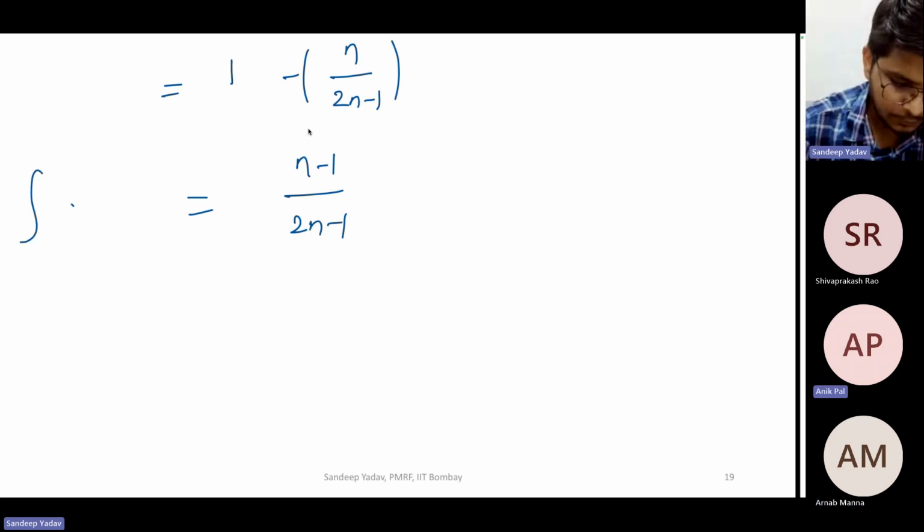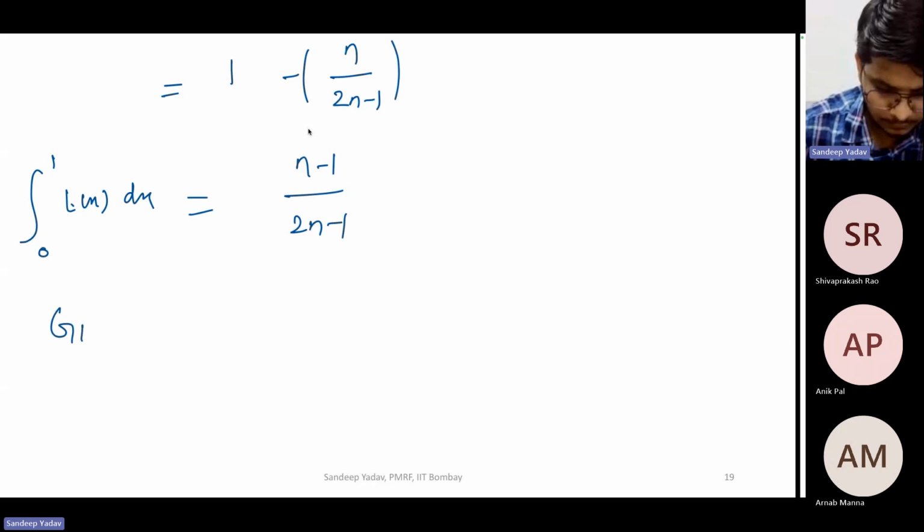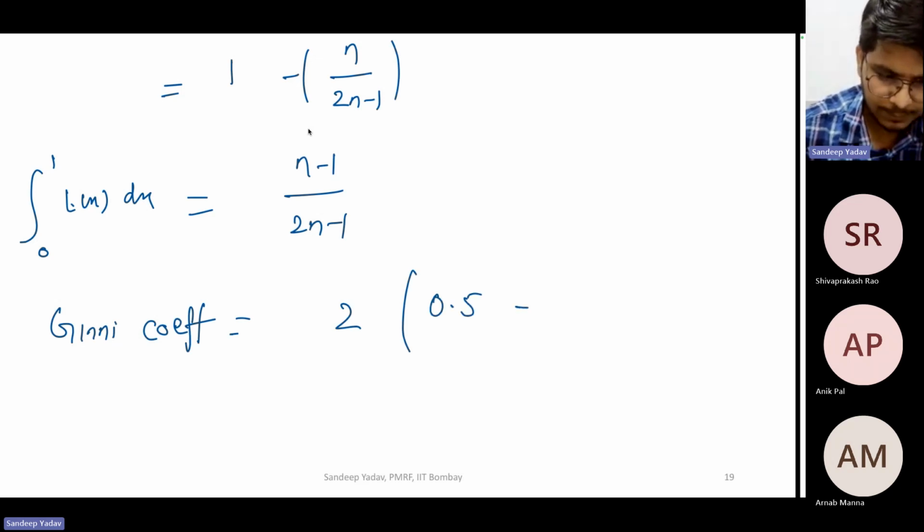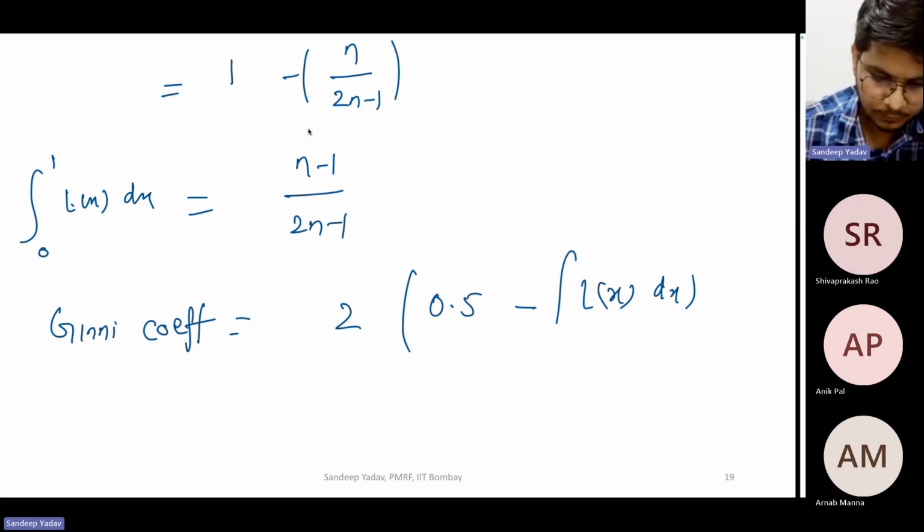You're right, I just missed it. This is the value of the integral of Lx dx from 0 to 1 only. Now if you want to calculate the Gini coefficient, it will be 2 times (0.5 minus the integral of Lx dx from 0 to 1). Correct?